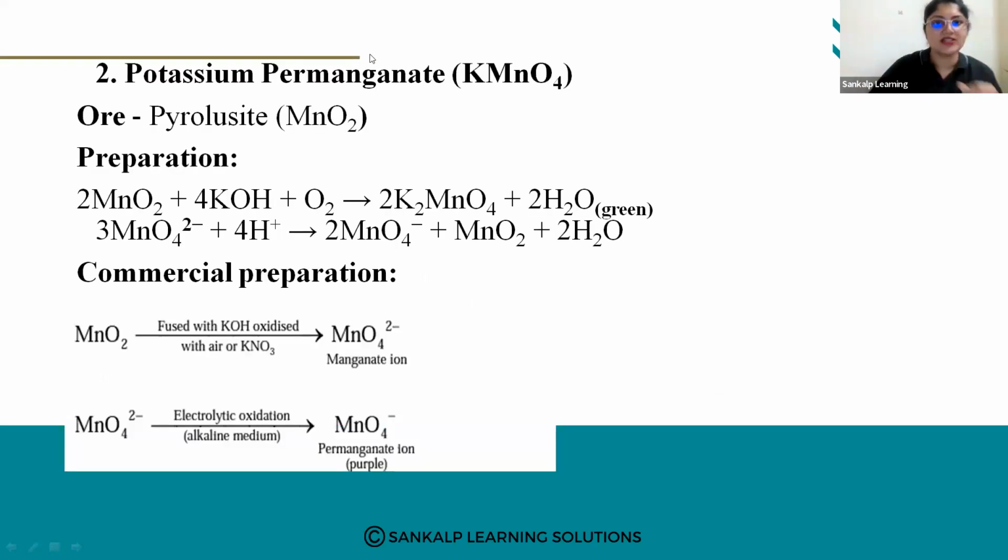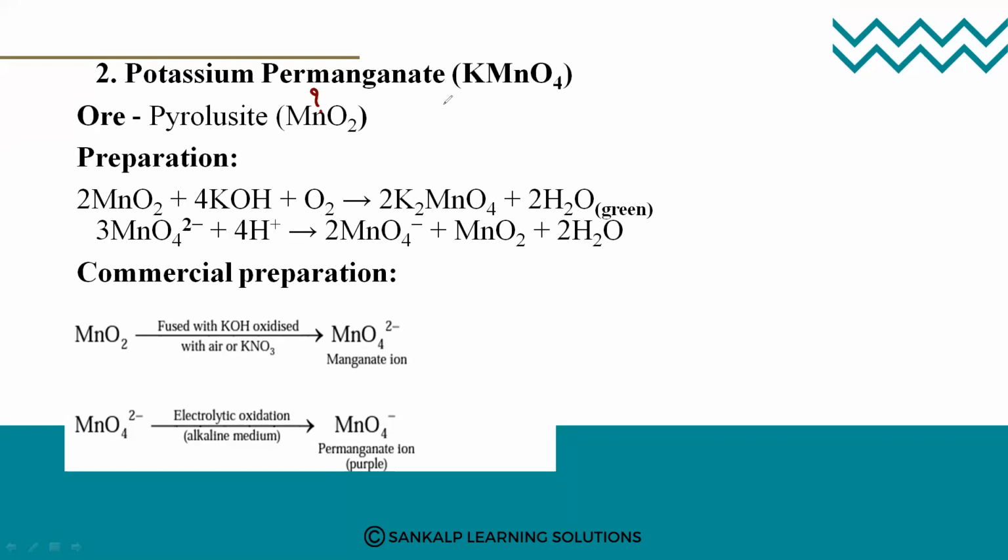So next is potassium permanganate, KMnO4. What is the ore which is used here? Pyrolusite, that is MnO2. In MnO2, can anyone tell me what is the oxidation state of Mn here?